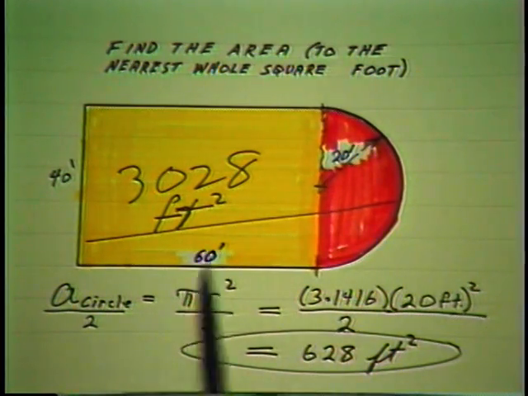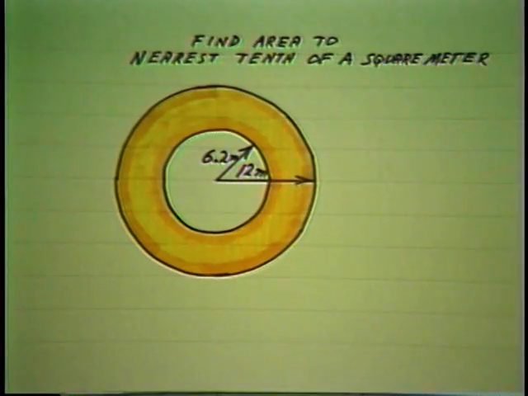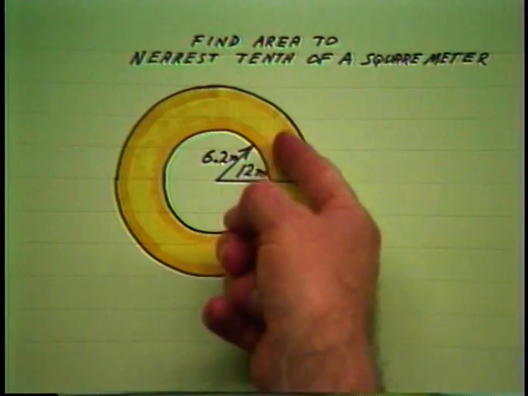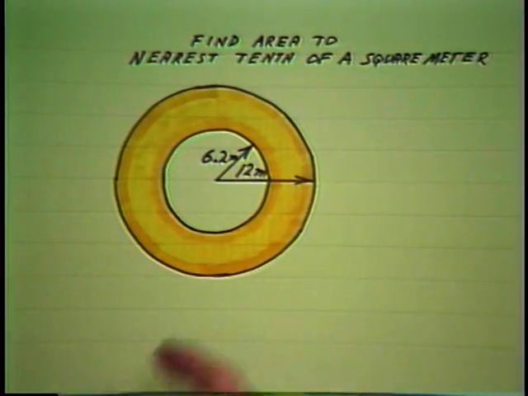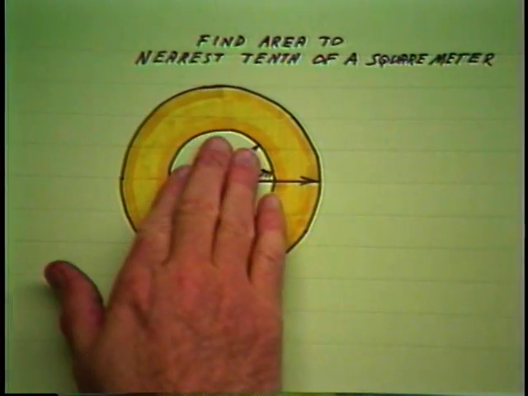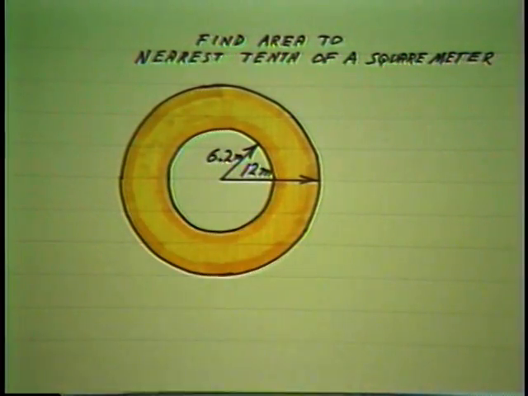Now sometimes rather than adding two areas, we have to subtract. Now you see, if we wanted to find the area of this sort of circular track, we could find the area of the entire big circle, then subtract the little circle out, and we have what's left.